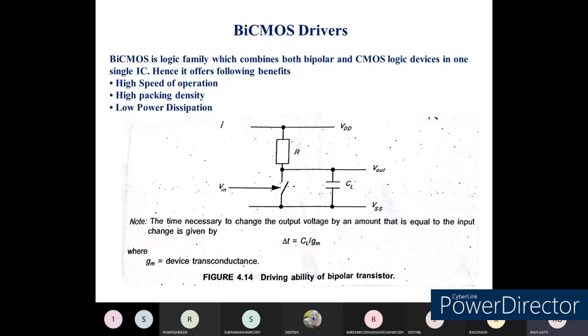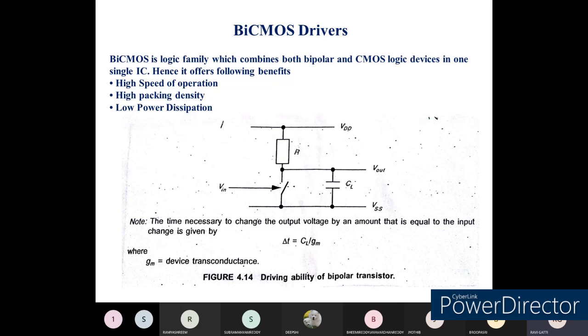If you design an IC only with bipolar junction transistors, the circuit will be bulky, and along with that bulkiness, the propagation delay will be more, and the packaging density will be less.